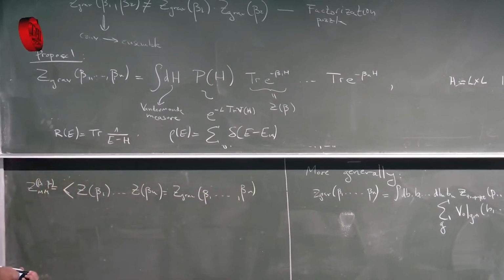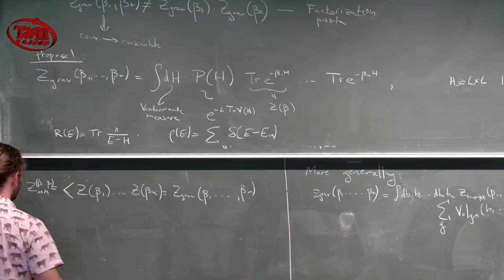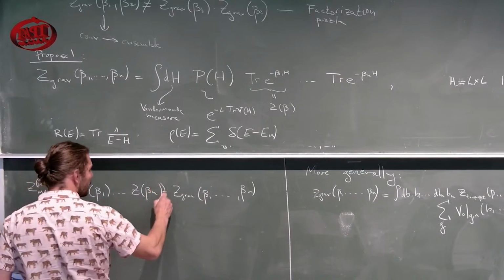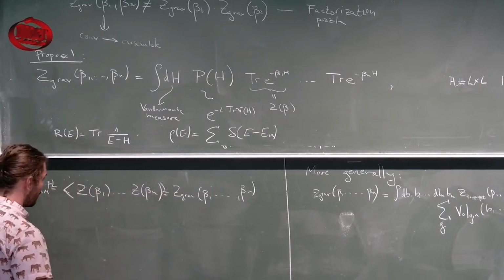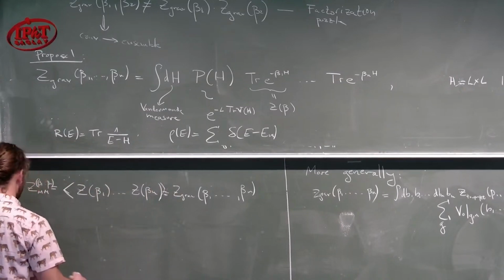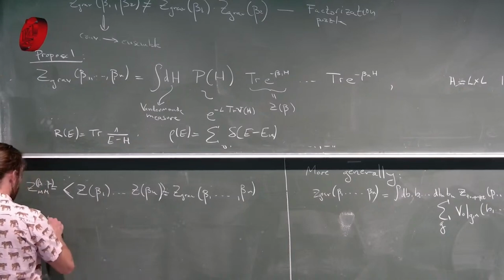Now, in matrix models, it's typical that all these expectation values, whether it be expectation values for resolvents or expectation values for partition functions, admit what's called a genus expansion as well.